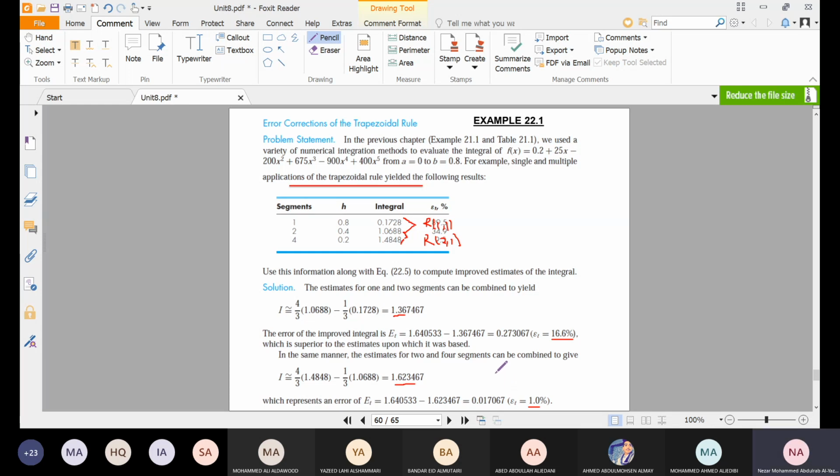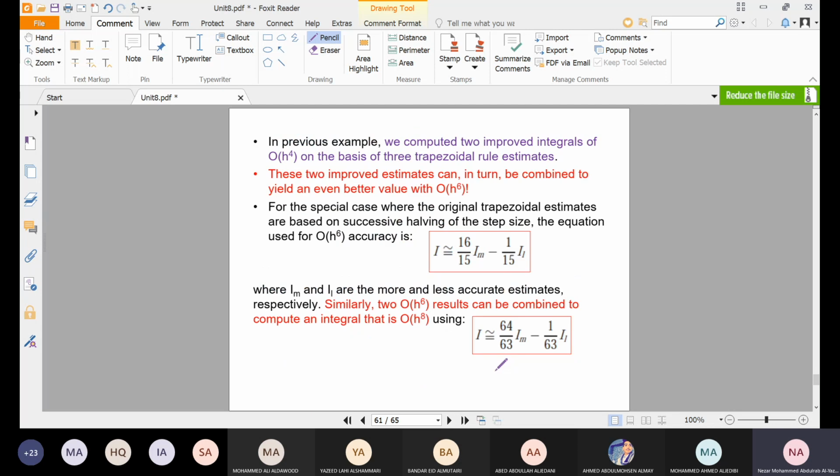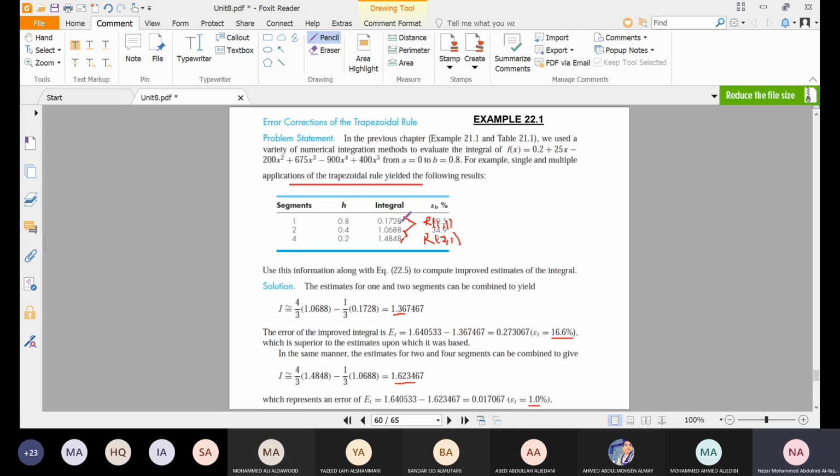If you want to enhance the accuracy more, we can use other columns. To enhance the accuracy of the integration, we can use 3 trapezoid estimations, these 3 estimations, 1, 2, 3, as a result of these 3 estimations to get a new one.